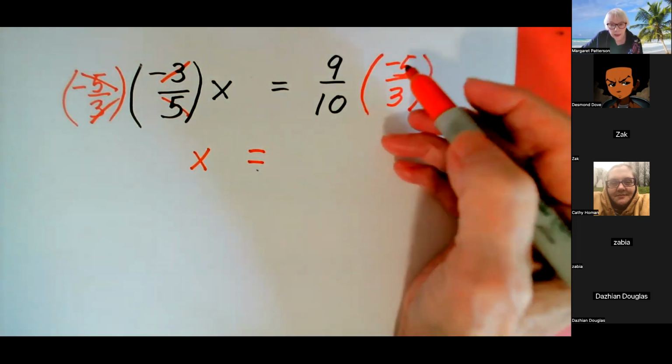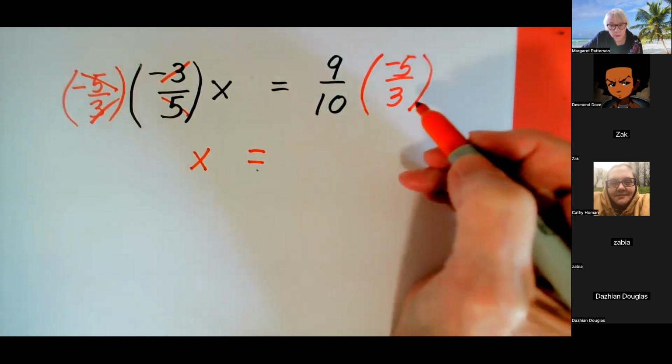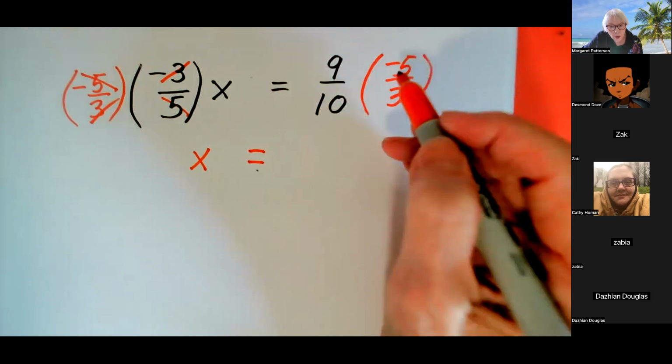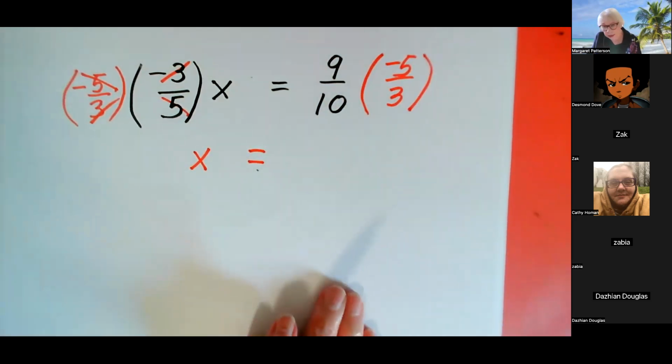This side here, there's one negative in this multiply and divide, and the rules for multiply and divide are the same. So one negative is going to turn this answer into negative.